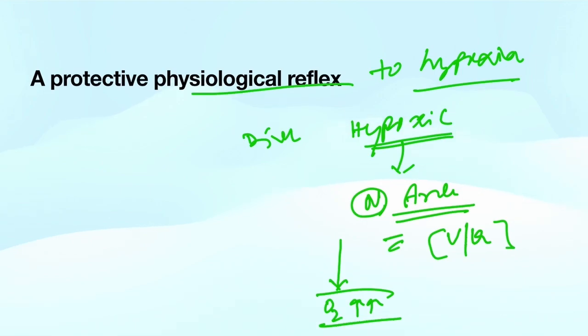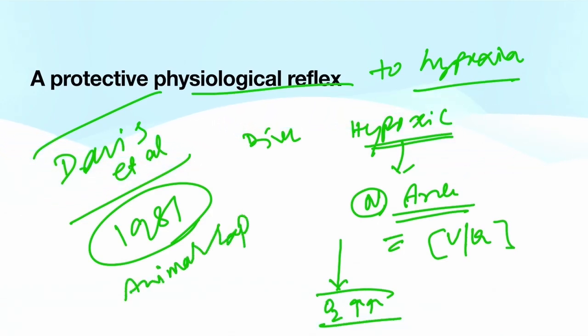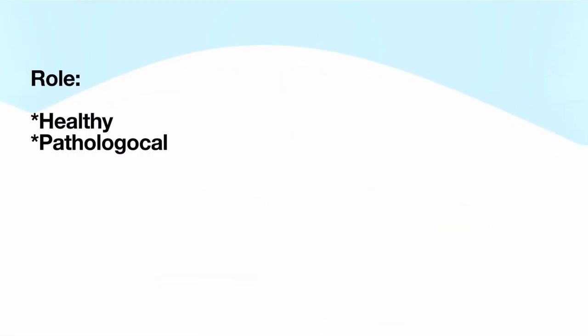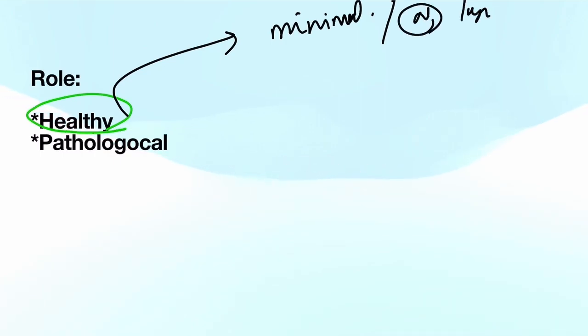And it was described by Davis et al. in 1981 after his animal experiments, right? So what is the role? Does it have any significance in healthy individuals? So in healthy individuals its role is minimal in healthy and normal lungs, right?